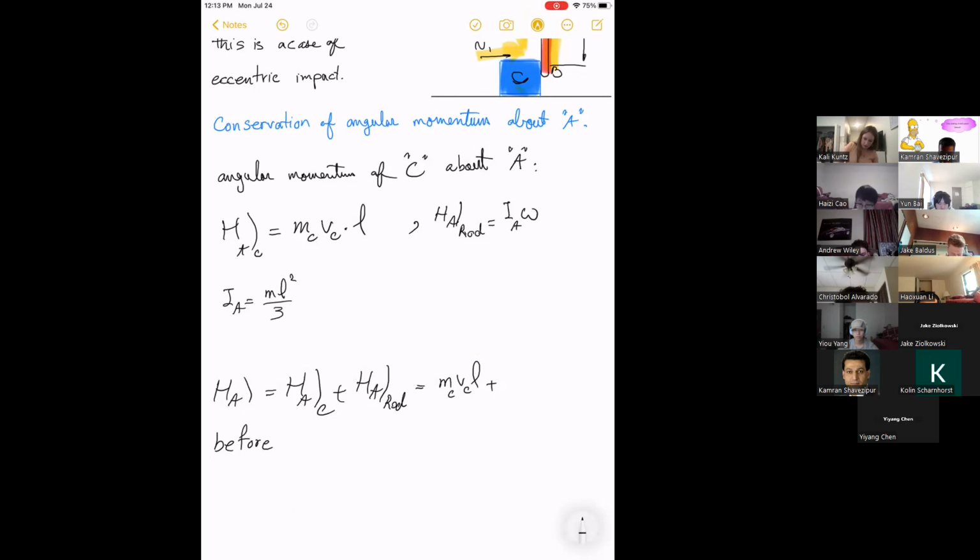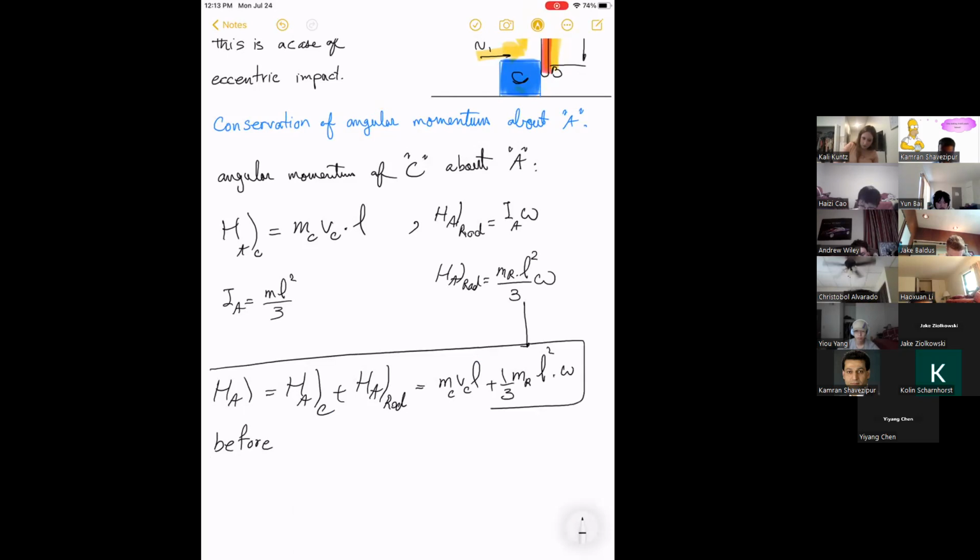So then this, the rod, is going to be M rod L squared by 3 omega. If you substitute it here, you're going to get M rod L squared omega times 1/3. This is overall H about A.